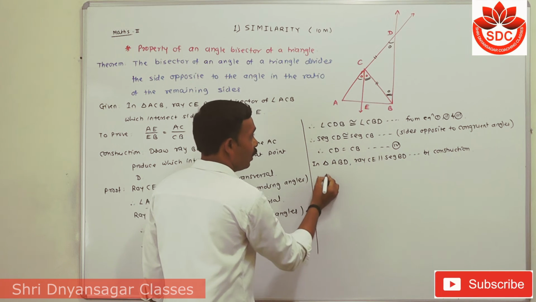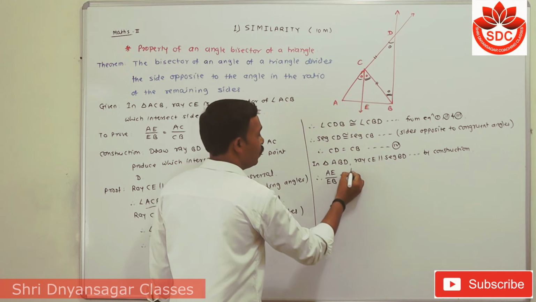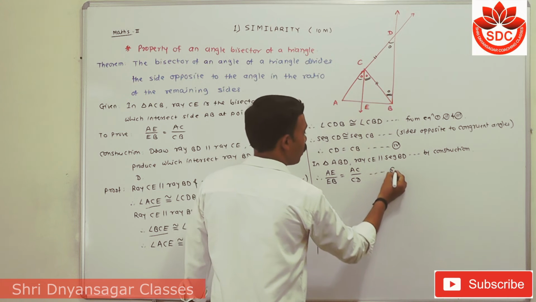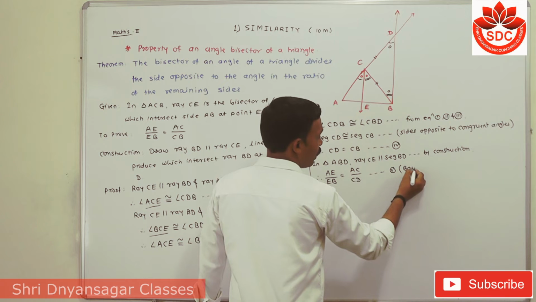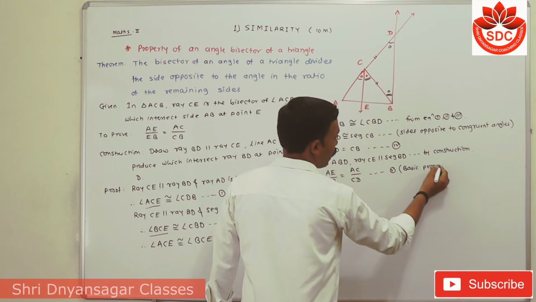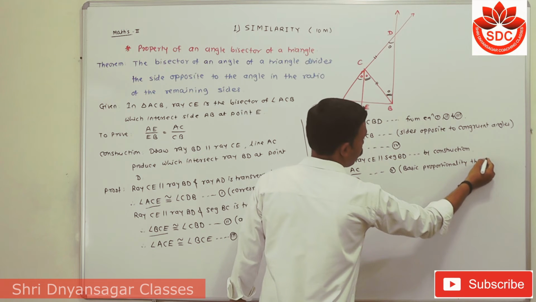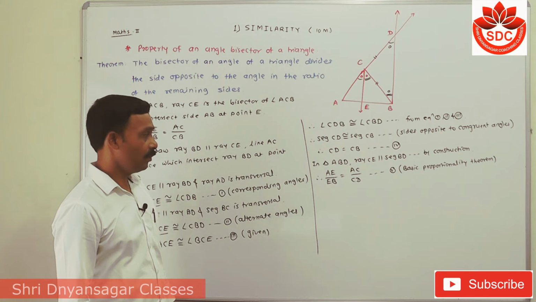So I have to write here AE upon EB is equal to AC upon CD. The reason is equation number 5, and by the basic proportionality theorem.